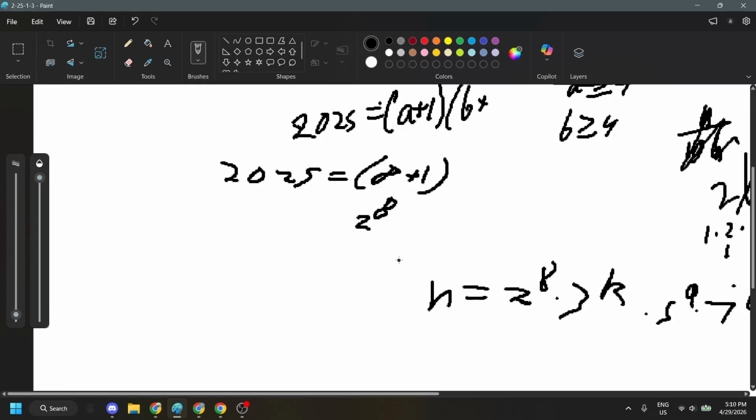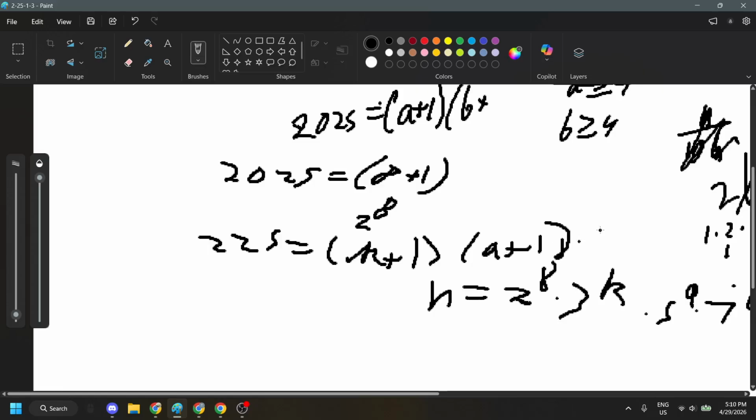Let me check. Yeah, 225. So 225 is going to be equal to k plus 1 times a plus 1 times b plus 1.